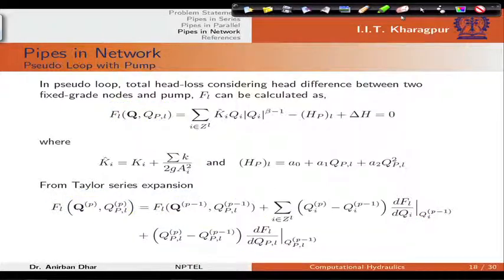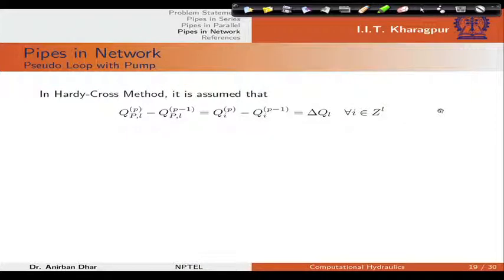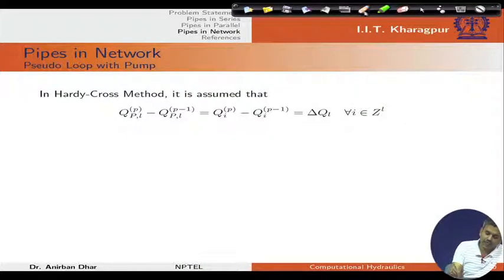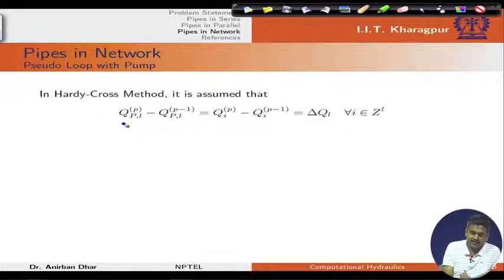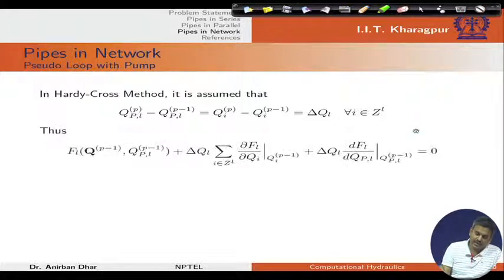Now, again in Hardy-Cross method it is assumed that this difference in discharge between two consecutive iterations for pumps and all pipes is the same, and we can approximate it as del QL. Now, using that del QL we can again calculate our increment value.